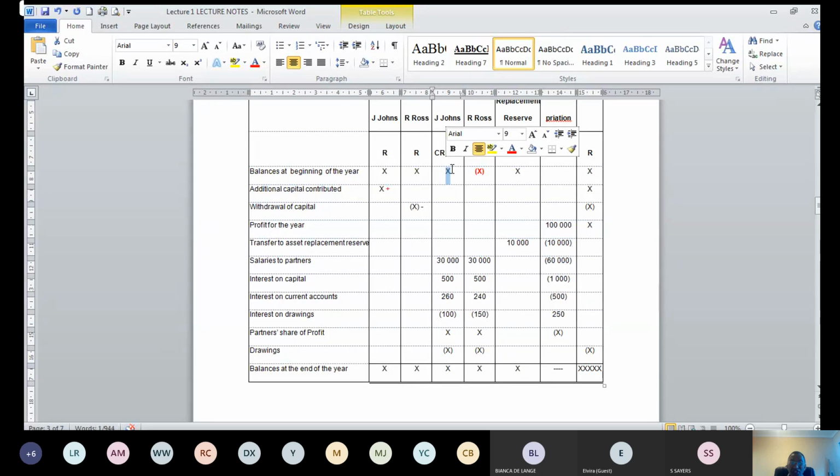Therefore, we will transfer to his current account the amount, and I'm just making an assumption here, 260 Rand. However, the partner with the debit current account balance, this is the partner that actually owes the business money, is not entitled to interest. He must actually pay in interest. So that 240 Rand that you see there must actually be in brackets.